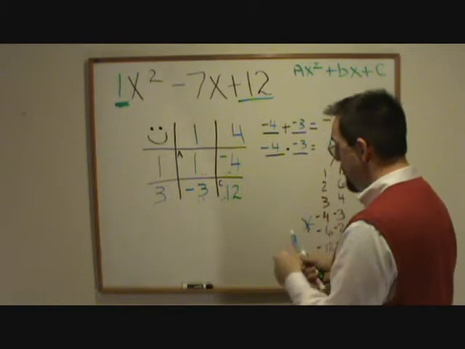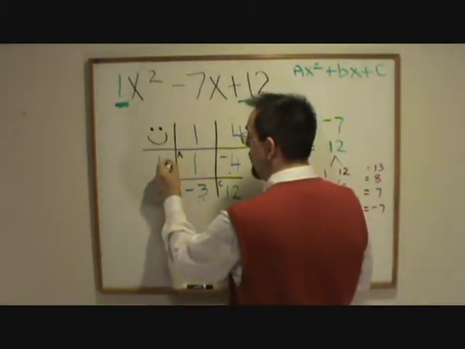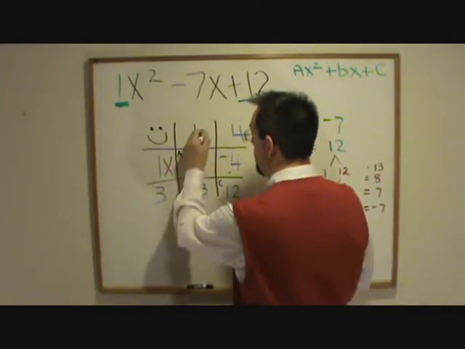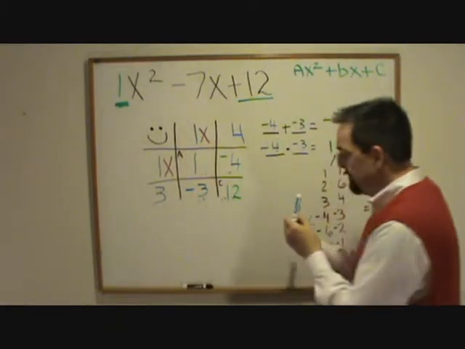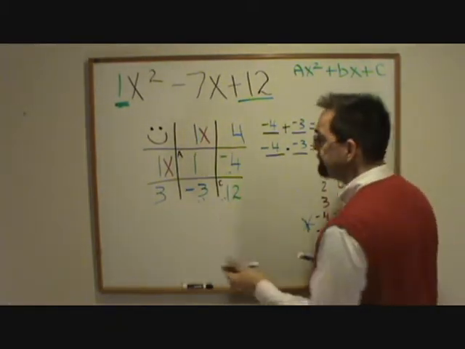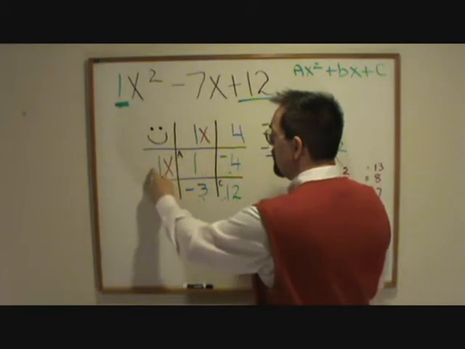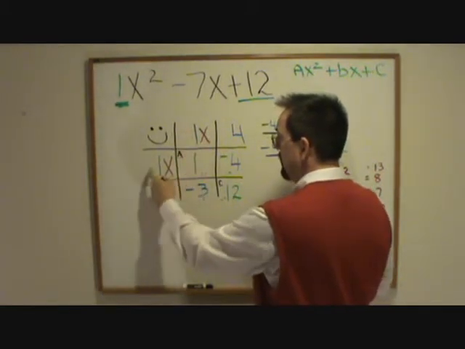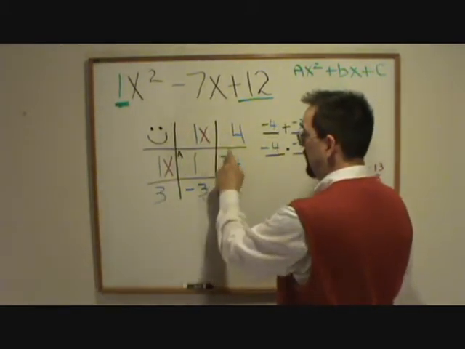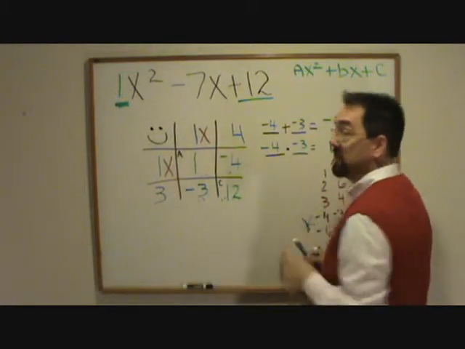Now, remembering back, the x goes here and the x goes here. But we still have to work on our minus signs. Let's cross-check. 1 times 1 is 1. 1 times 4 is not minus 4.